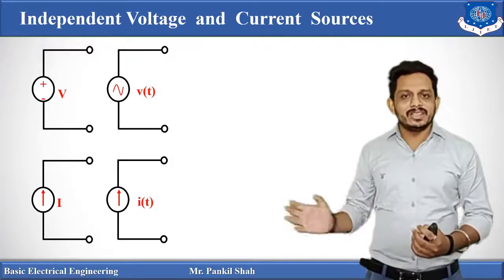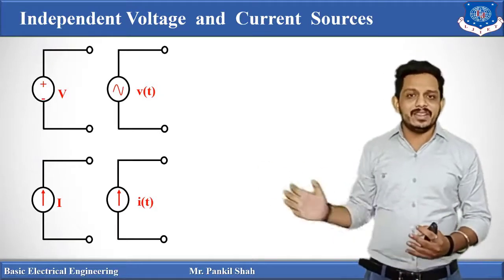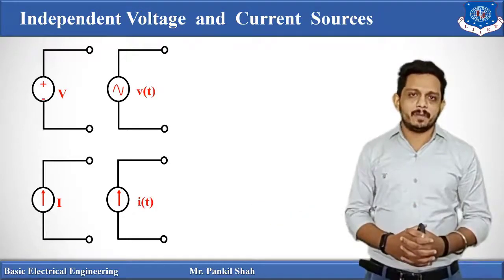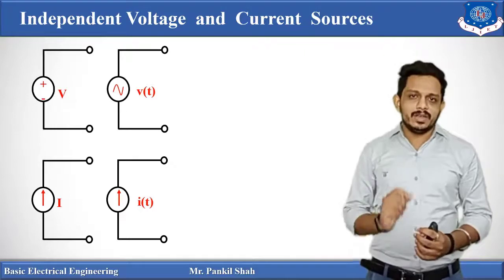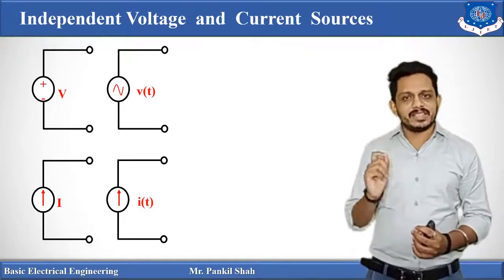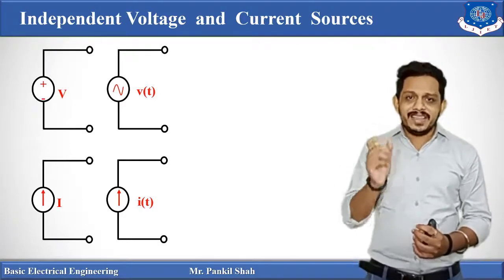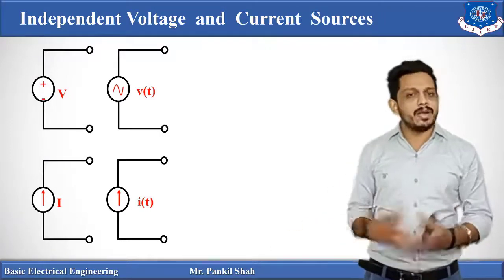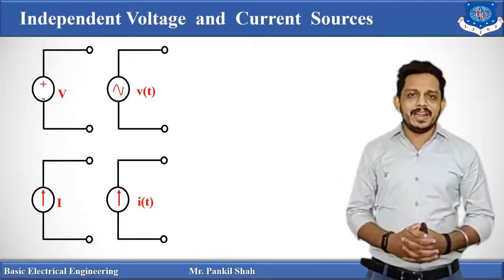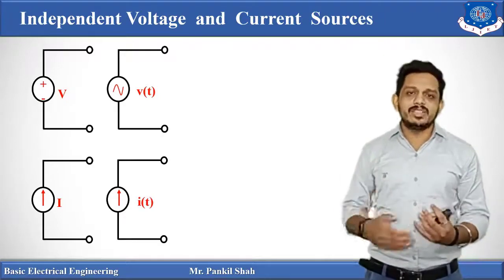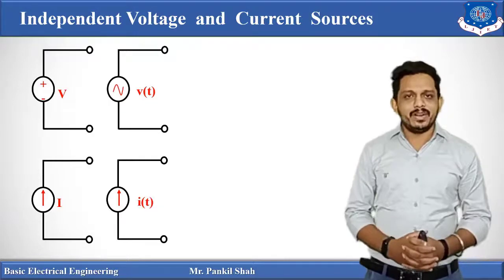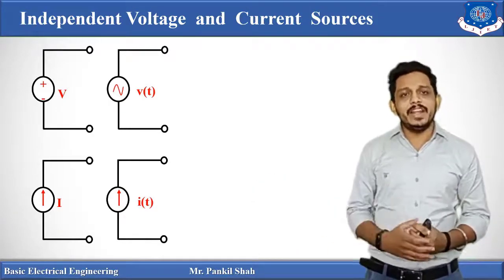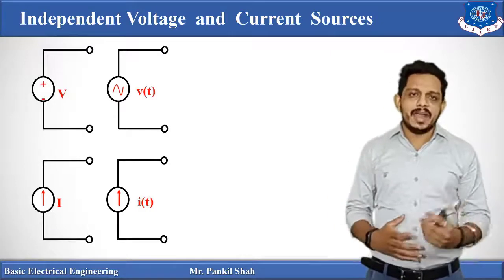So we can say that this is the independent current source, and there is no sinusoidal waveform given, so we can say that this is the DC current source. And if the symbol of a sinusoidal waveform is represented inside that circle, then we can say that this is the AC current source. But both sources are again independent types of sources, as their value does not depend on any other parameter of that circuit. So these two are known as the independent types of voltage source and current source.